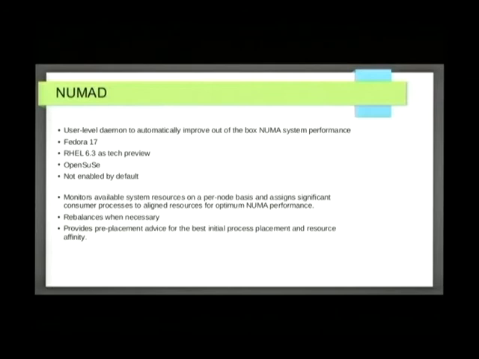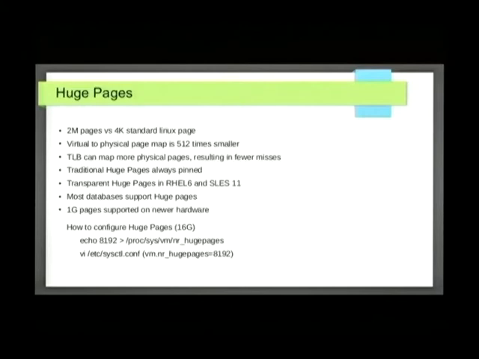It rebalances when necessary, and it provides pre-placement advice for the best initial process placement and resource affinity. If your server is some kind of hypervisor for KVM, Xen, or such open source virtualization, switch on numad. Just switch it on, because by default it's not enabled.